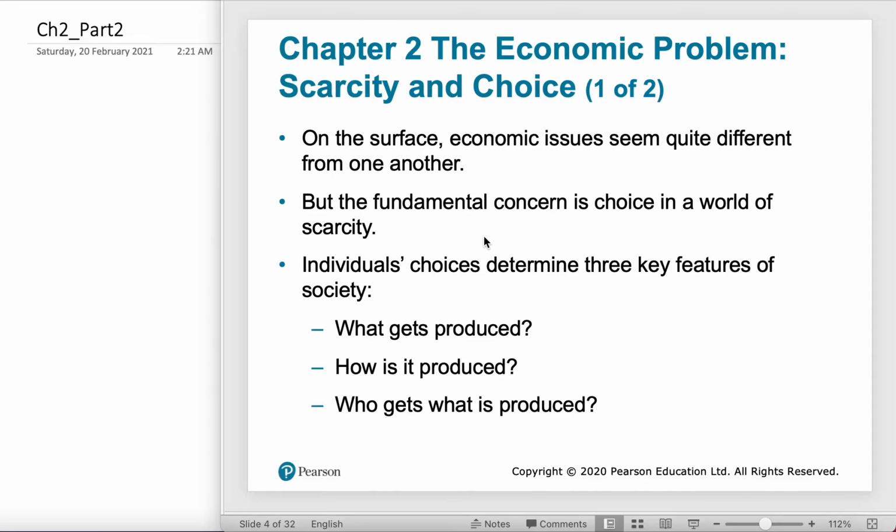However, they may look different on the surface, but the fundamental concern is there must be a choice to be made in a world of scarcity.